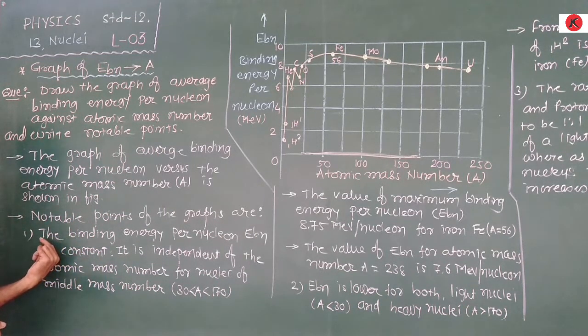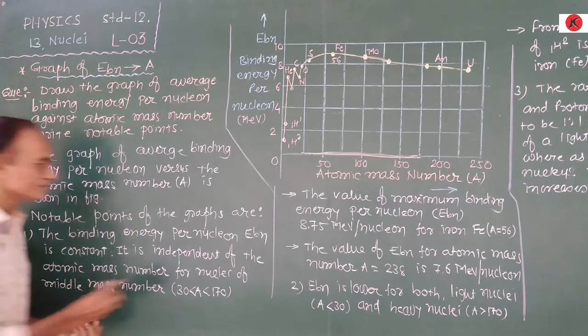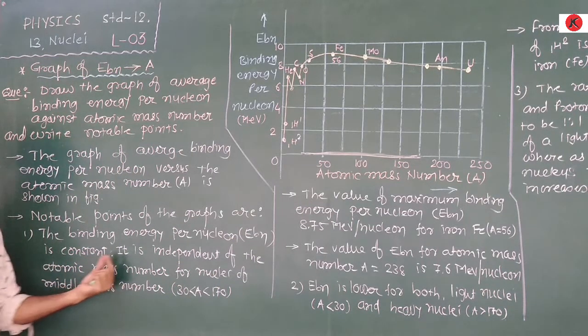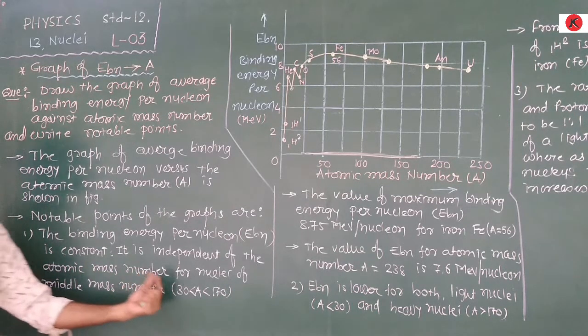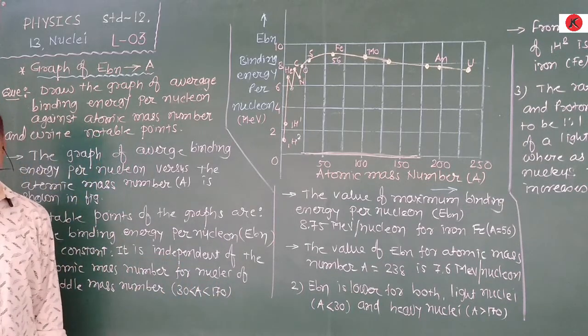Now, the notable points of the graph. The first point is that the binding energy per nucleon, EBN, is constant and independent of the atomic mass number A for nuclei of middle mass number, 30 less than A less than 170.